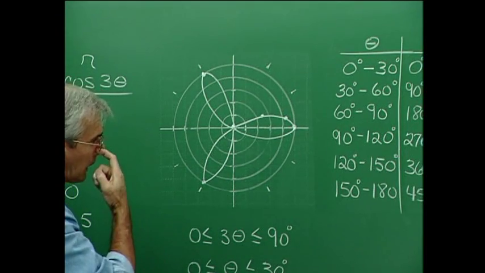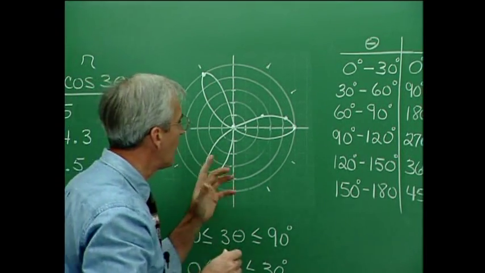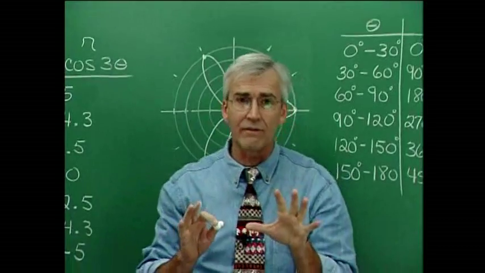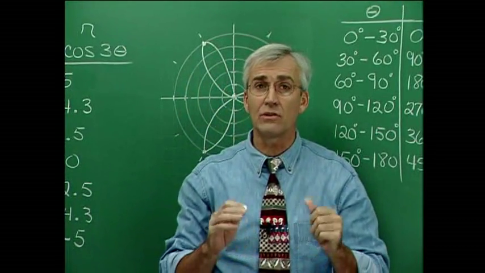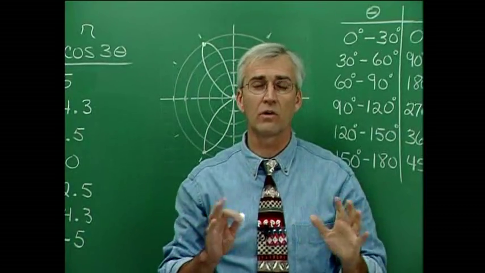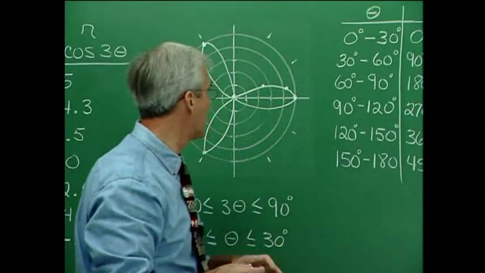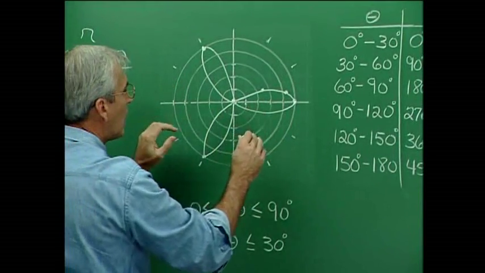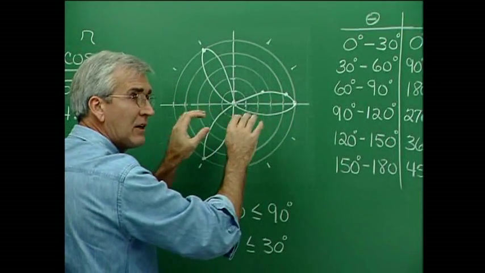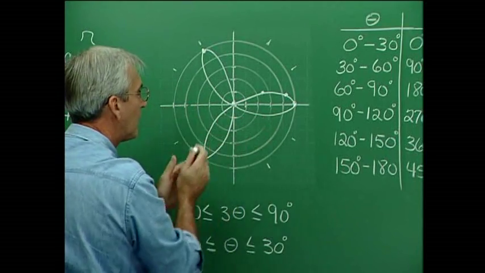Now, also, the whole cycle of this graph is occurring in 0 to 180 degrees. Some graphs you have to go 0 to 2 pi or 0 to 360 degrees. But this one has its repetitive nature occurs in a cycle of pi or simply 180 degrees.